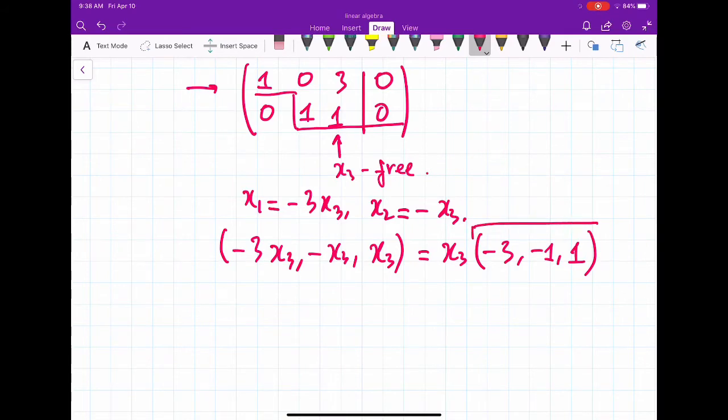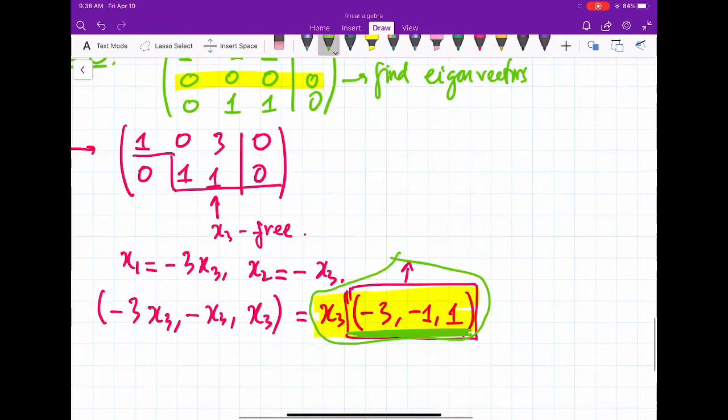So this is the main eigenvector. Of course, any vector of this form will be an eigenvector. Make sense? Actually, we know this is a subspace, right? It's a subspace because that is the solution set of a homogeneous system.